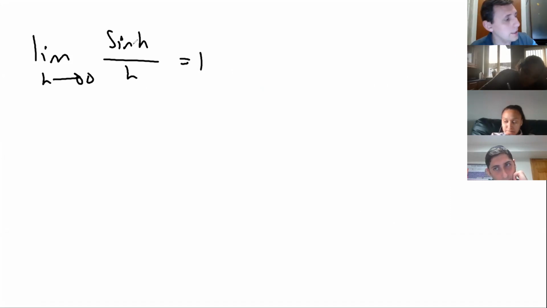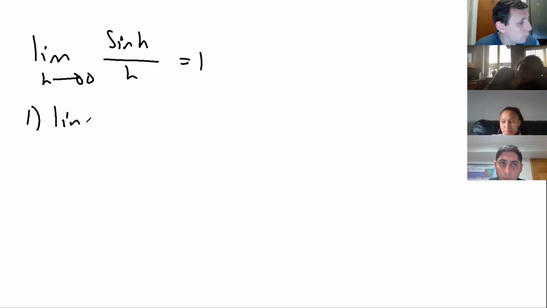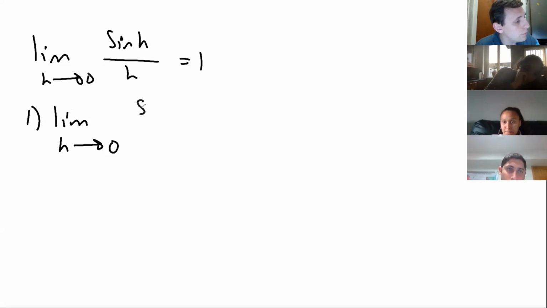I'm saying that if the angle inside of sine is vanishing and we divide by same angle, we are going to get the ratio 1. Notice in my argument, I did not speak of any letters. And if you understand this, guys, tell me please, what do you think is the limit as h goes to 0 of sine of 5h divided by h?